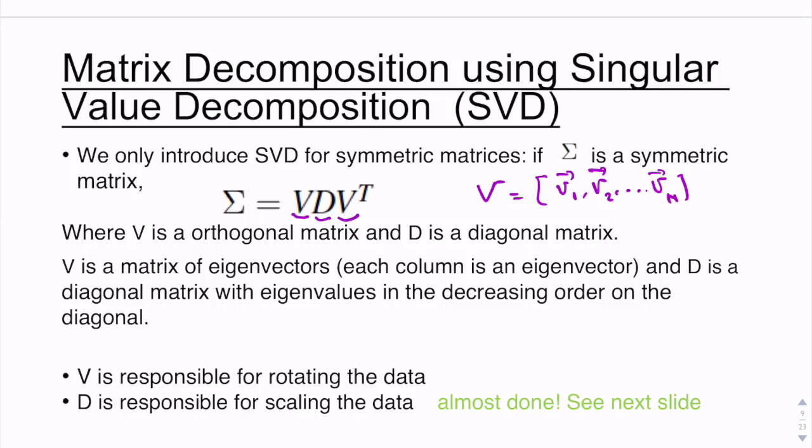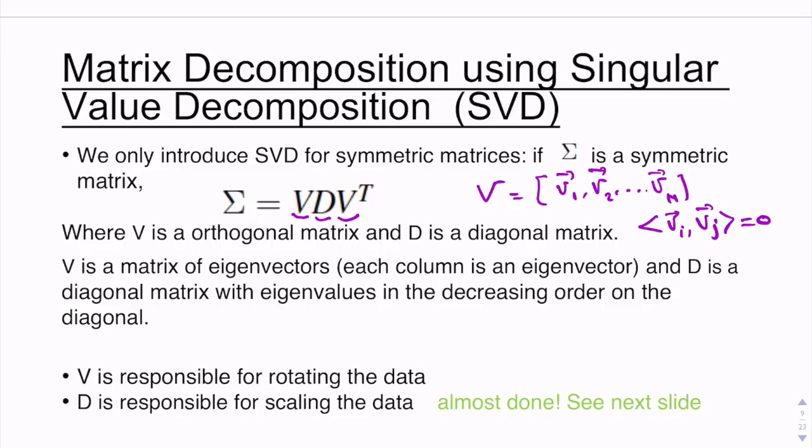So Vi and Vj, the inner product is 0. That means these two vectors are orthogonal. How to investigate? By using the dot product, which we discussed previously. And then D is a diagonal matrix.